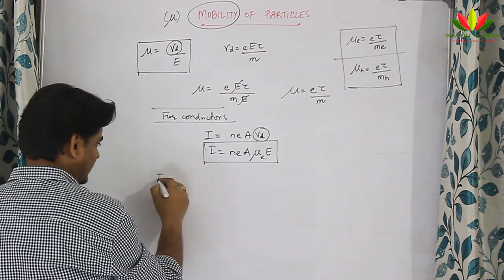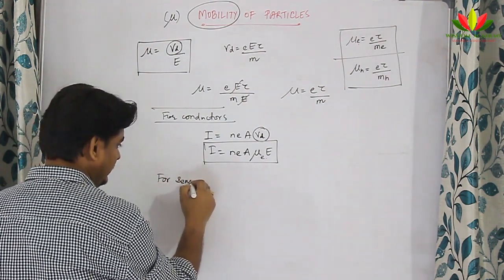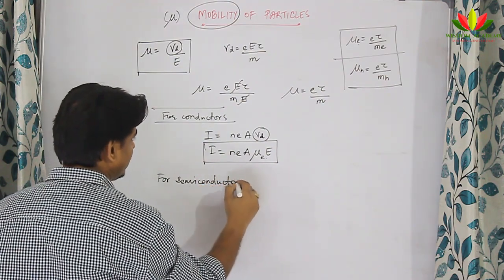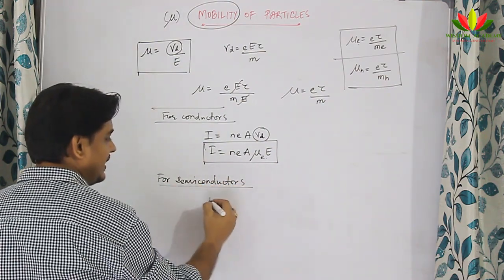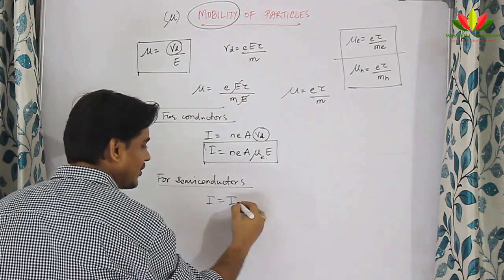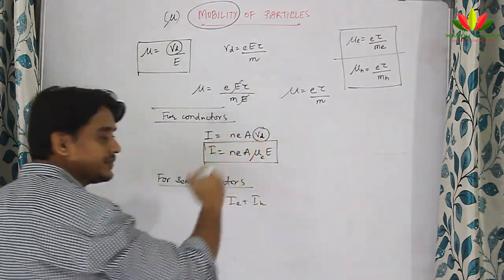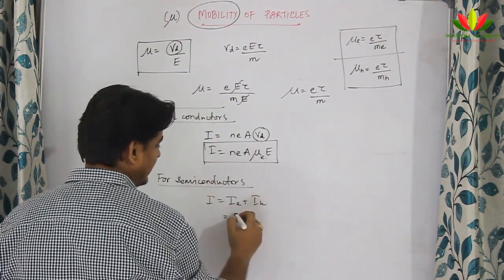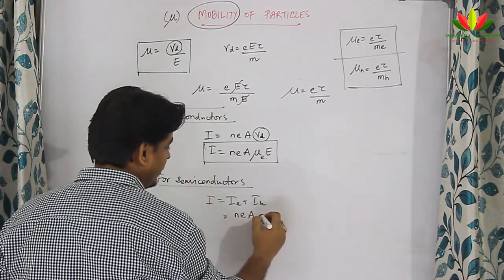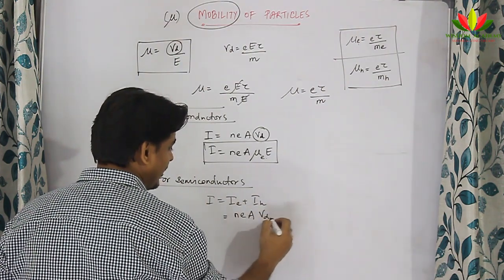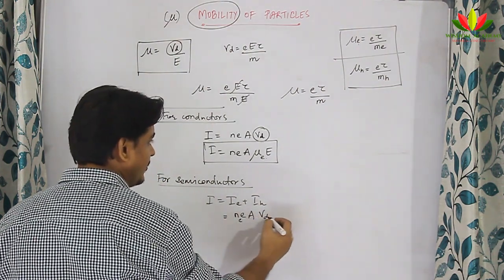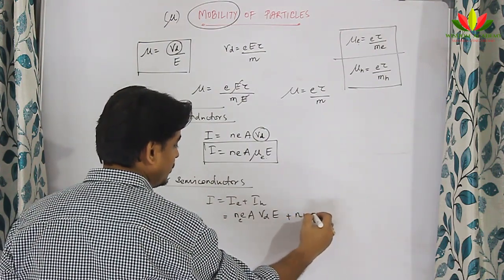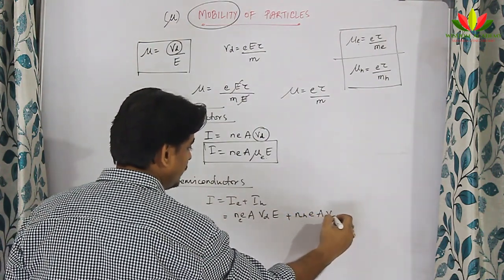Let us see for semiconductors, because for semiconductors both electrons and holes will be the charge carriers. So for semiconductors, the current I is due to both electrons and the holes. So I will write it as N of electron into E into A into Vd, plus N of hole into E into area into Vd.